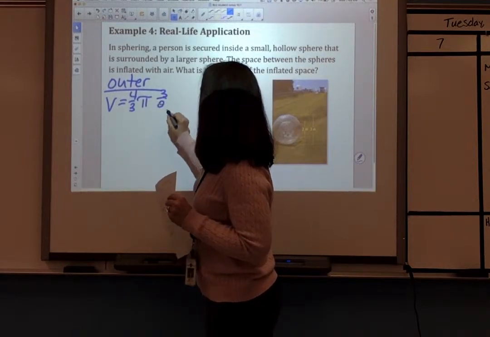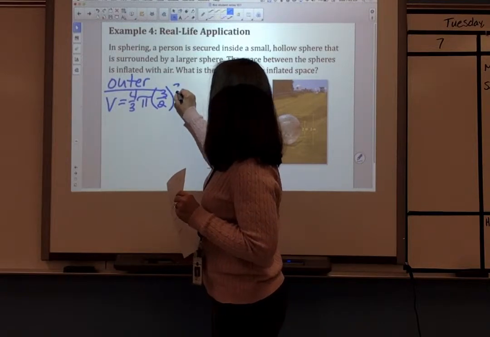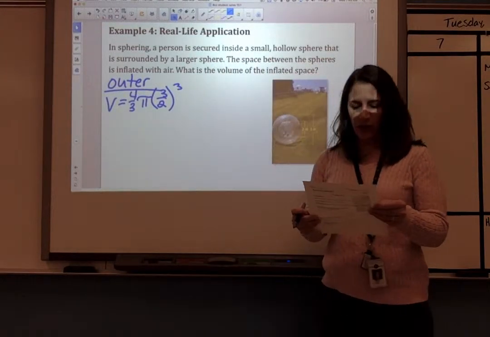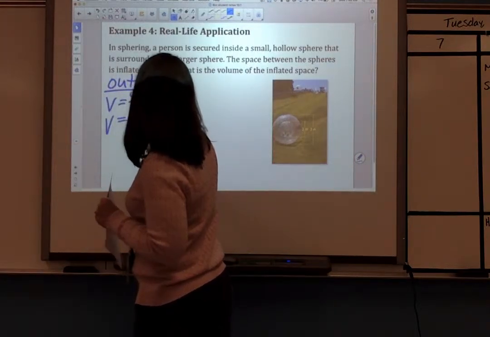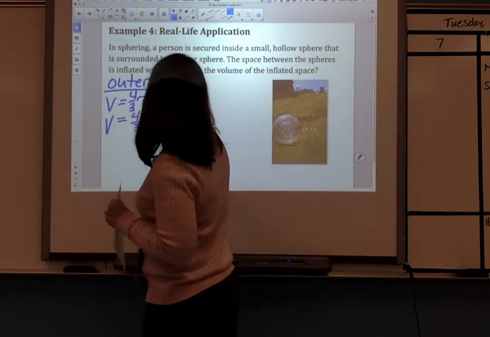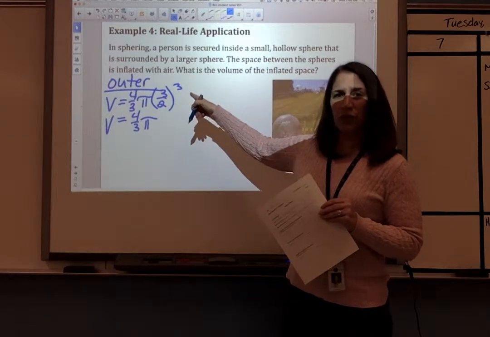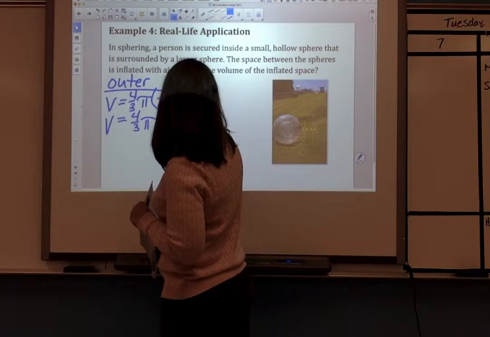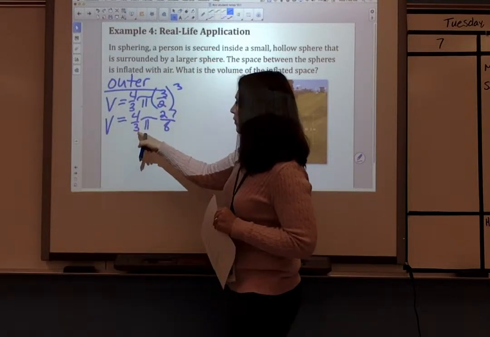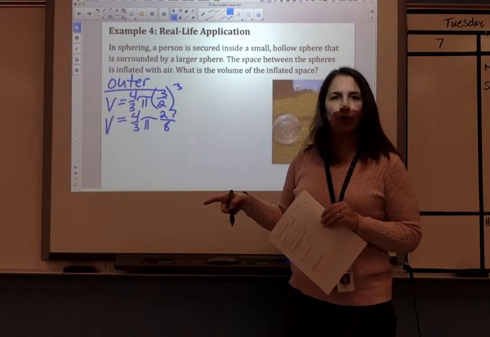So that's 3/2 cubed. So now we'll go ahead and simplify that. So that's 4/3 pi. We need to cube both the 3 and the 2, so that's 27/8. So we have 4/3 pi times 27/8.